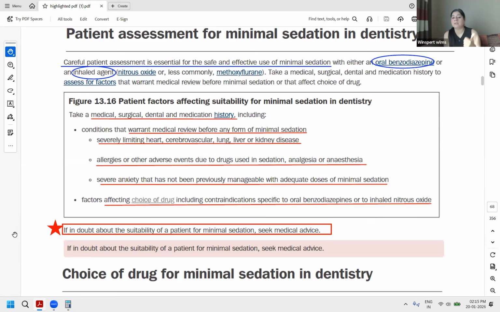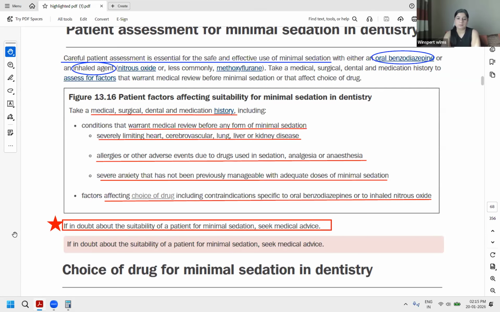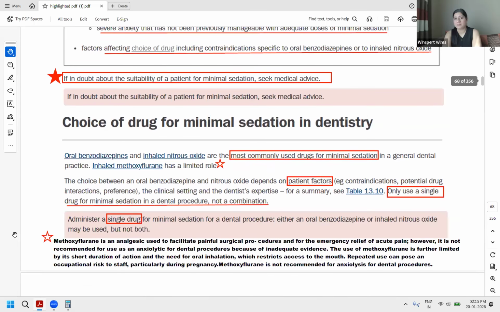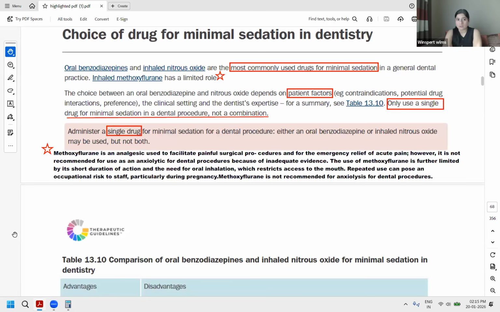Any severely limiting heart, cerebrovascular, lung, liver, or kidney disease would be a contraindication. Allergies to such agents or severe anxiety. Reconsider your minimal sedation in such patients. Always seek medical advice wherever in doubt and cannot make a decision.